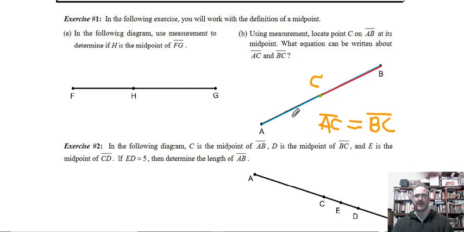We want you to be able to use a term like midpoint and set up an equation. Sometimes they'll give you AC equals 5, and then ask, what's BC? Well, if AC equals 5, BC equals 5. If AC equals 5x minus 4, then BC is going to equal 5x minus 4. We'll get more into that in a second. Let's move on to exercise 2, shall we?